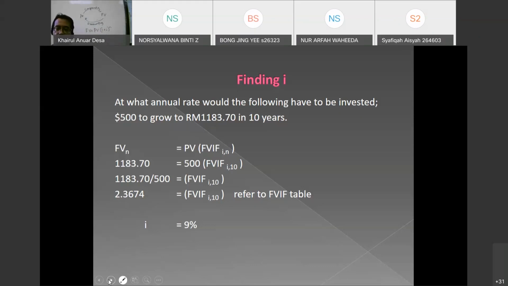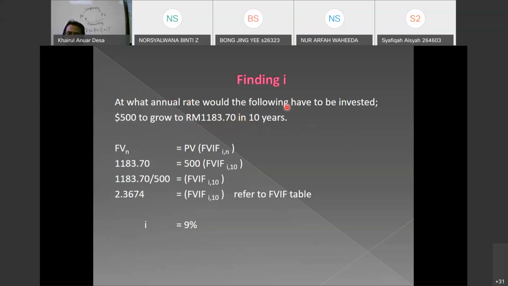Here, I just want to show you how to find I, or interest, using the table. Let's say the question is: what is the rate for 500 to grow to 1183.70 in 10 years?